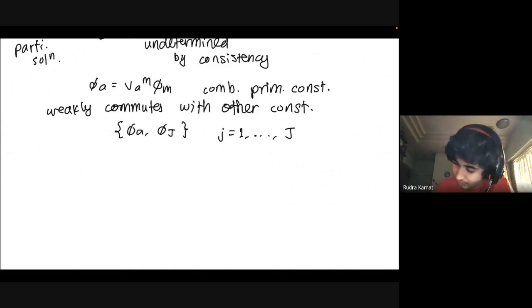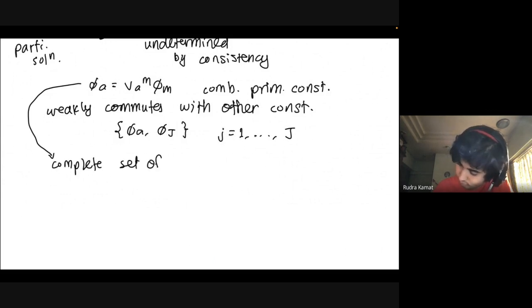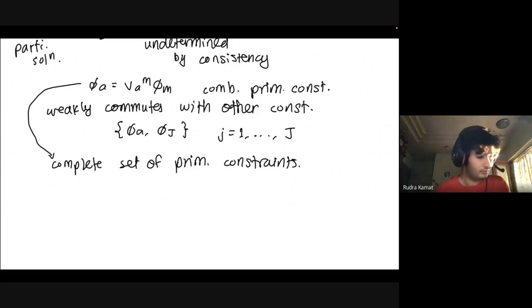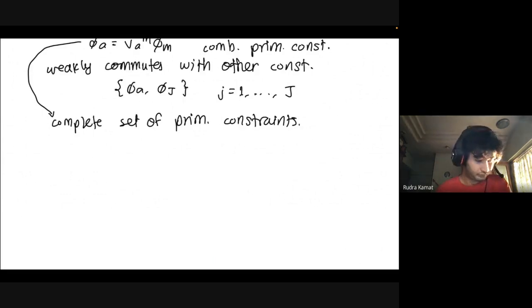So phi a. Now here comes the definition that's really important in this section.